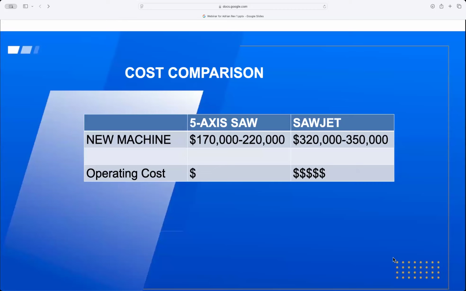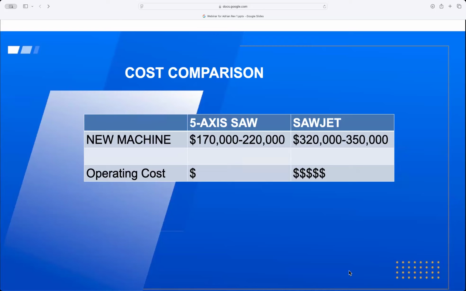Okay. I know you're going to talk about operational costs here, but there's an initial outlay of money too for buying either of these machines. Tell us what you've seen. Well, with the 5 axis CNC saw, you're looking at a range from 170 to 220, and by around 190 you would get the move option.